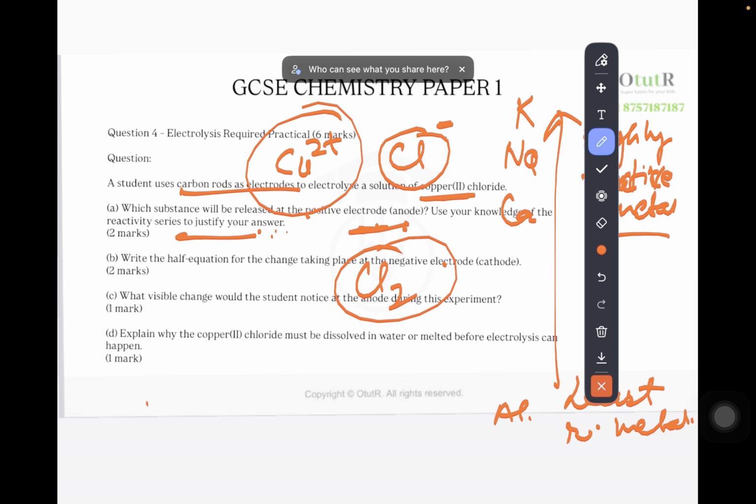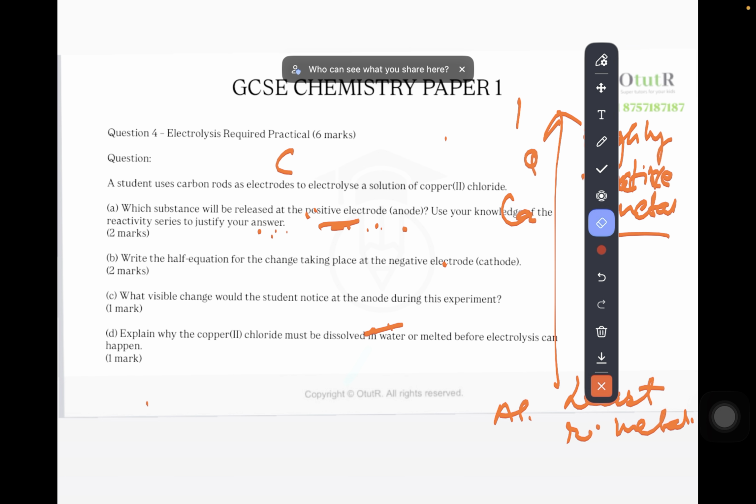Why? Because in the reactivity series, chloride ions are more easily oxidized than the hydroxide ions when the solution contains chloride. Therefore, chlorine forms instead of oxygen at the positive electrode, which is the anode.